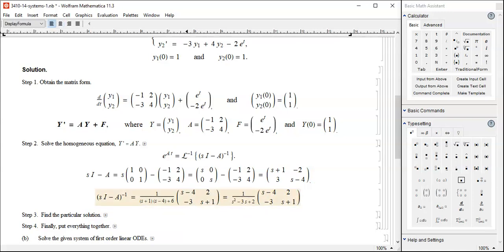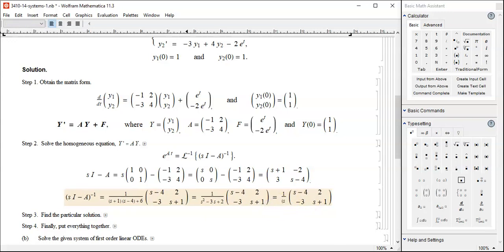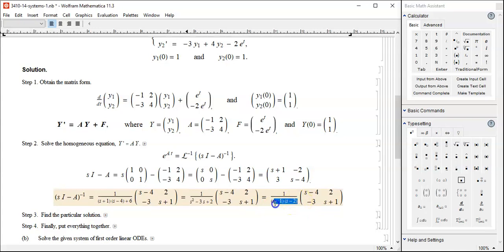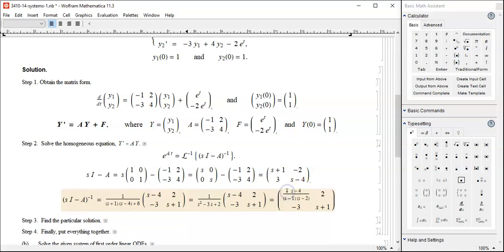And then let's see, I can simplify this thing, or I can factor this further. So this whole thing will become (s minus 1)(s minus 2). Okay. I'm going to have to divide this from each term. Each entry, rather.